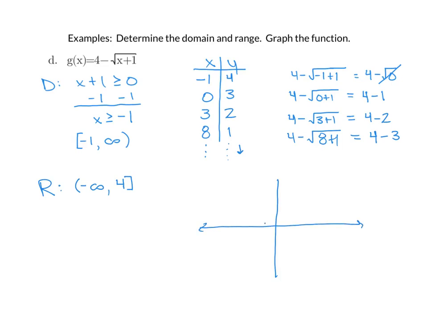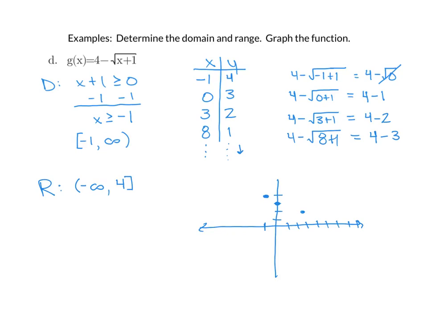Alright, -1, 4. We're going to go 1 to the left and 4 up. Zero, 3, we go 3 up. 3, 2. We go 3 to the right and 2 up, and 8, 1.